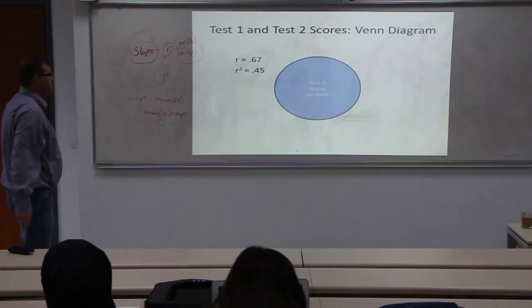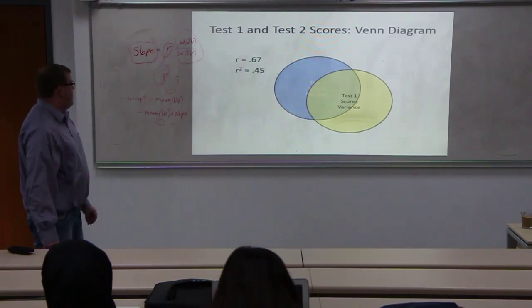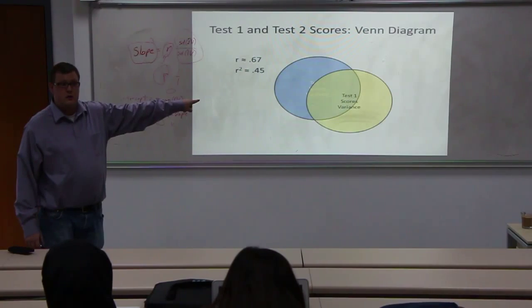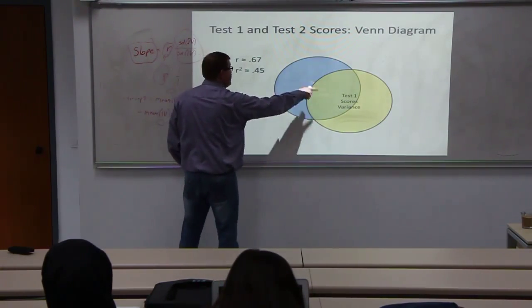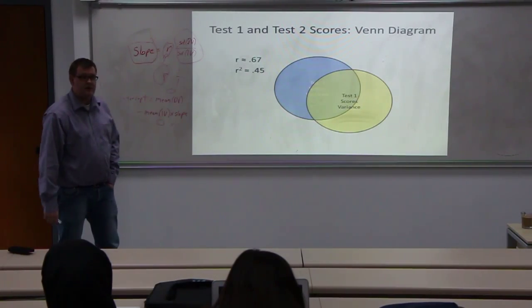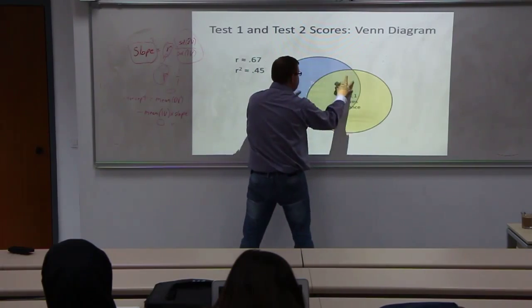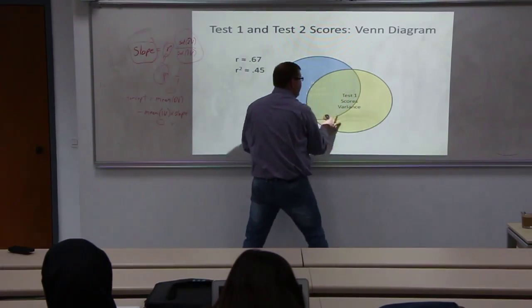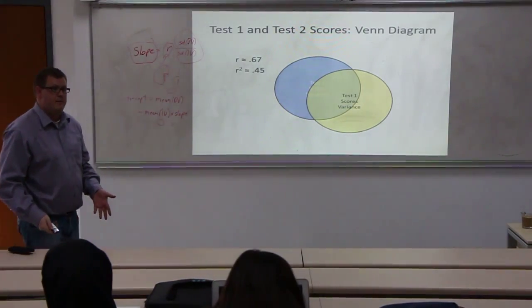Okay, so there are our test 2 scores. The circle represents variance. And we also have our test 1 scores, right? Now, there's a relationship between the test 1 and the test 2 scores. So 45% of these scores are explained by variations in our test 1 scores, right?